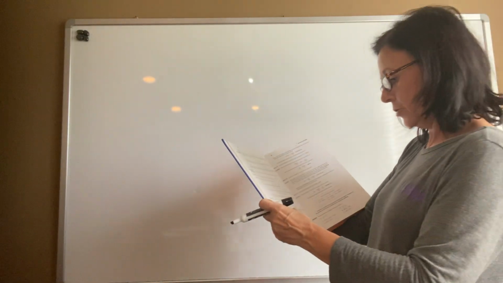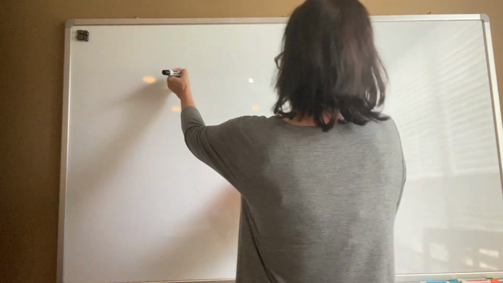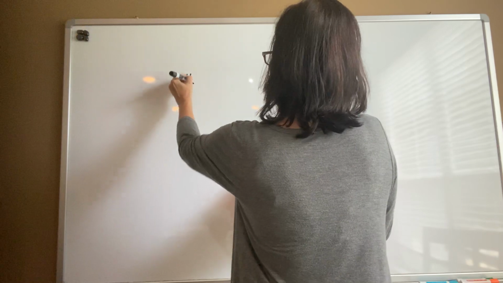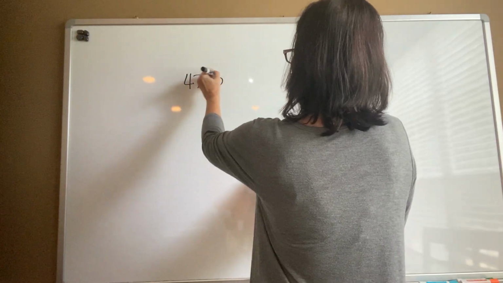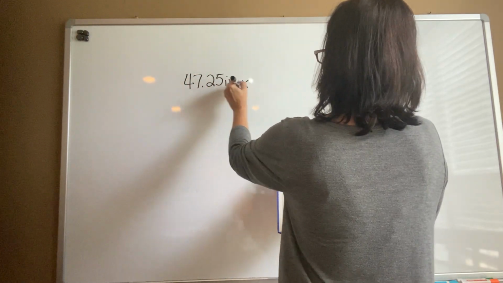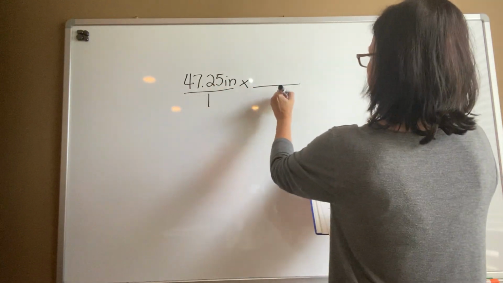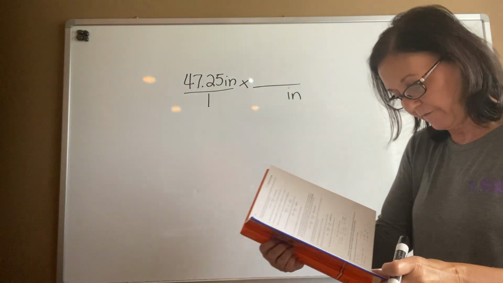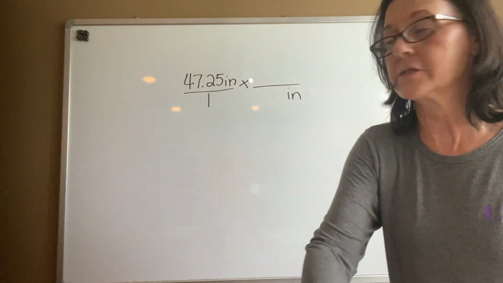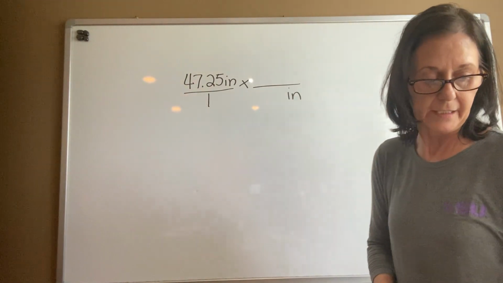Use 1 unit multiplier to convert 47.25 inches. So I know I'm going to use a multiplier. So I want inches in the denominator. And what am I converting it to? Centimeters.